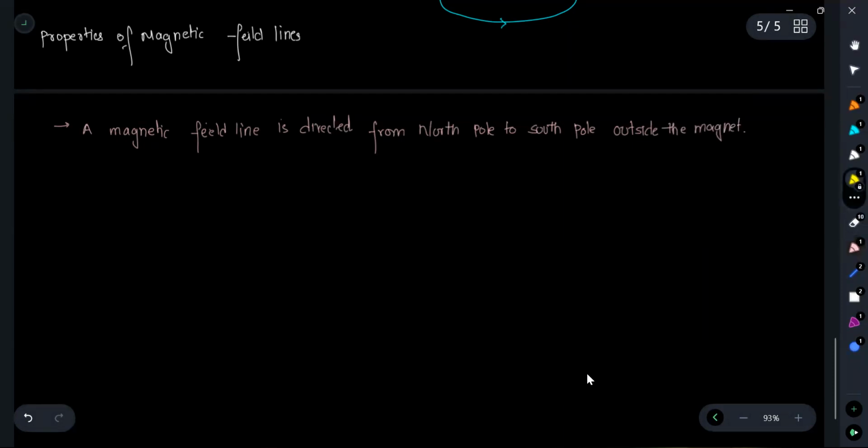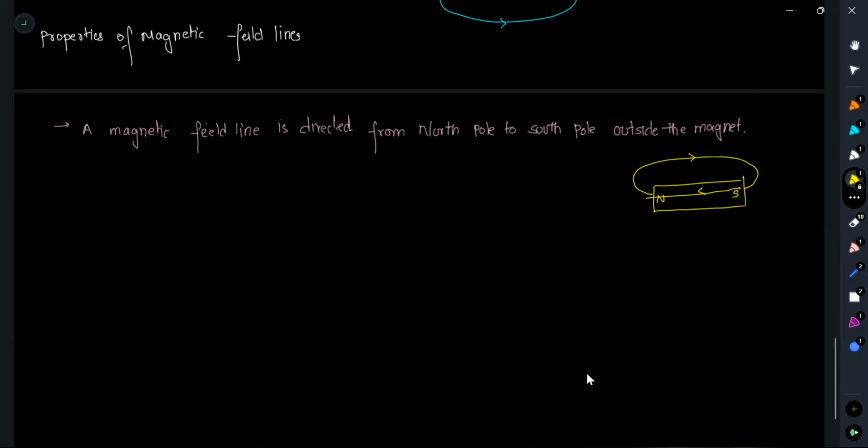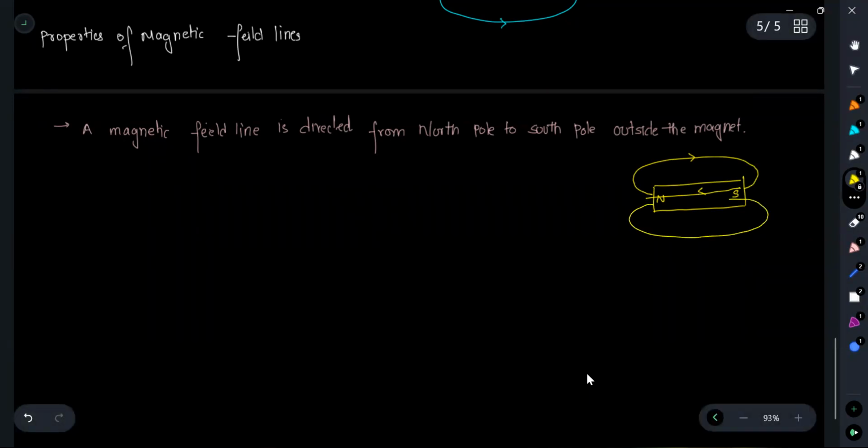Now let's understand that with the diagram again. So जो हमारे magnetic field lines होती है, these are closed continuous loops. So ये बाहर, magnet के बाहर तो north pole to south pole जाती हैं, but magnet के अंदर, which is obviously not visible to us, they go from south pole to north pole. But these lines are closed and continuous curves. They do not stop anywhere. So similarly, here also it will form something like this.